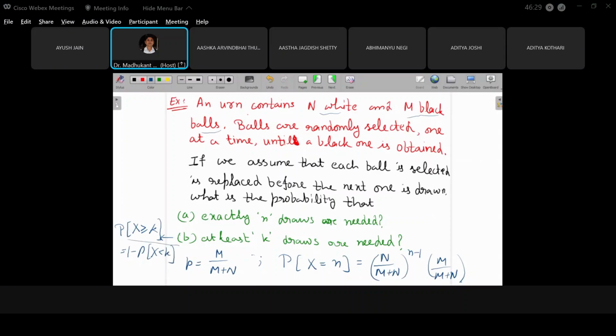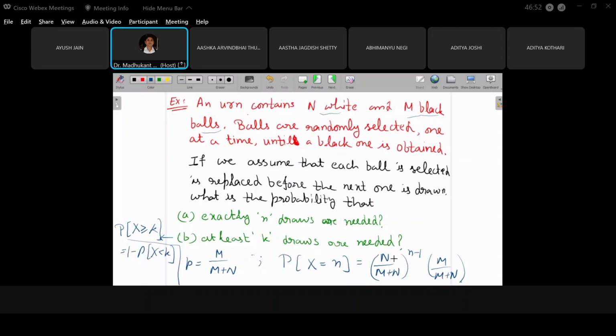Now you know that m by m plus n will come out, and the rest of the thing will be a geometric series with k minus 1 terms. And you know how to sum up the geometric series with a known common ratio.